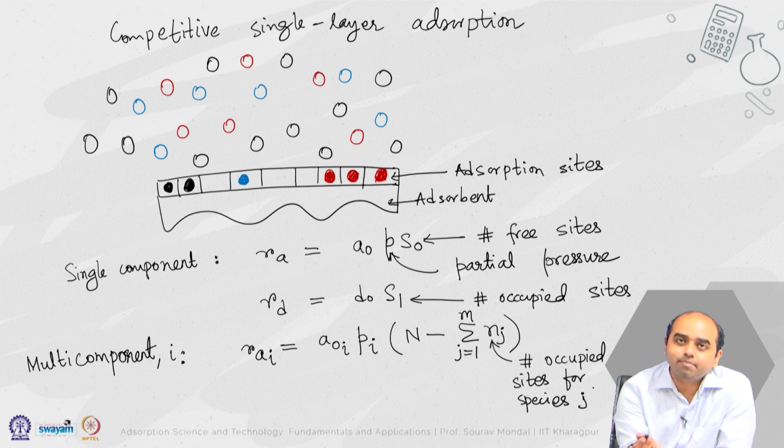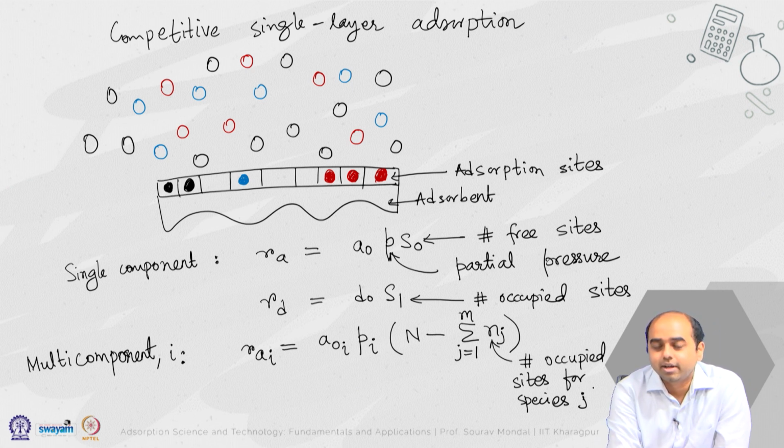Let us say in this case m is equal to 3, there are 3 types of species molecules which are represented by 3 different colors. So, this represents that j runs up to m equal to 3, all the 3 types of species.